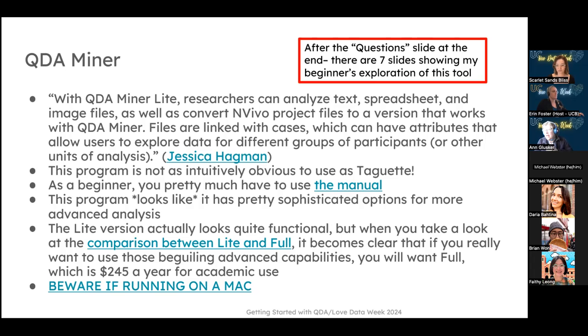But if you're doing a project that's larger scale or more complex or mixed method or with a larger team, or something you're planning to continue moving forward, you might want a tool that has more functionality. Also, although QDA Miner has a little page, which I have linked here, about using QDA Miner on a Mac, basically you can't. That's what I'm reading in discussions online. So beware. I think that's going to cover a lot of you.